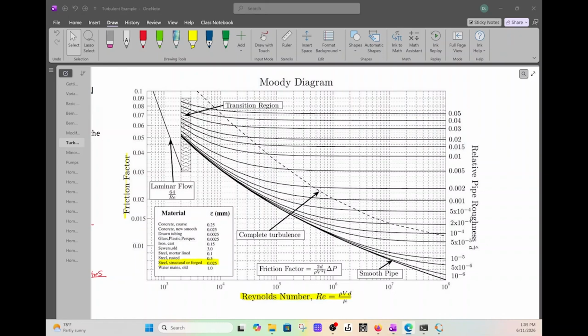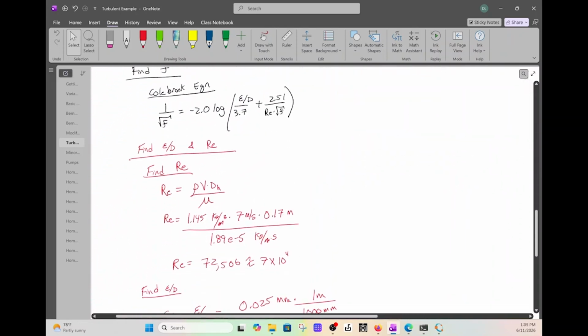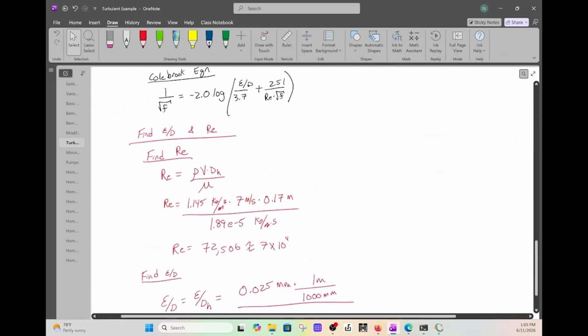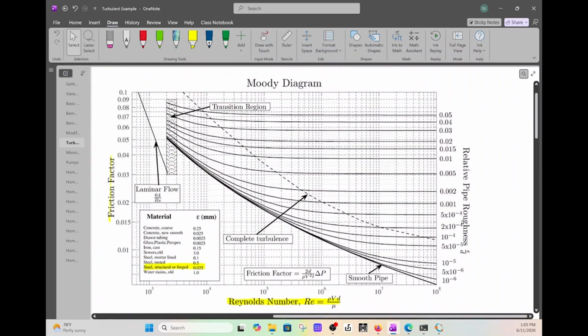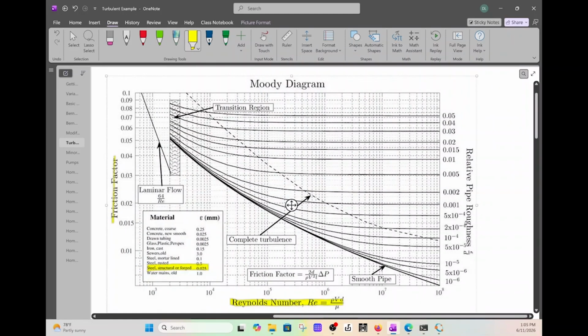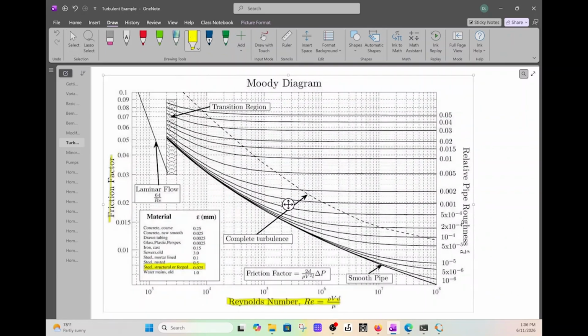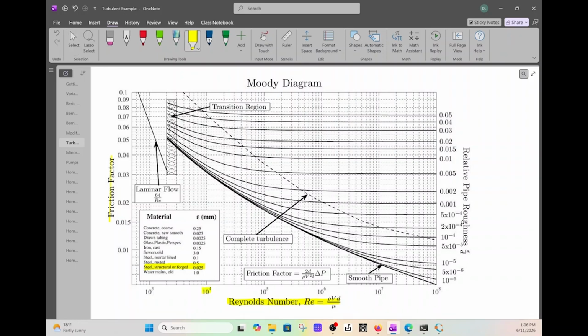I got to zoom out here. Our Reynolds number, I believe, was what? 7 times 10 to the 4. So if I go up here, this is 1 times 10 to the 4.